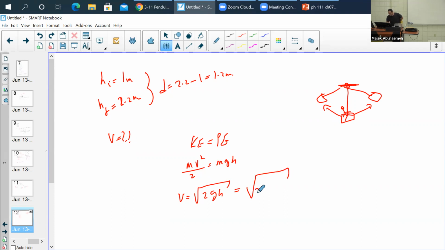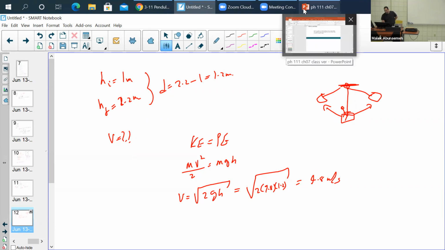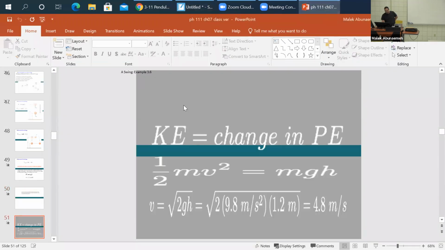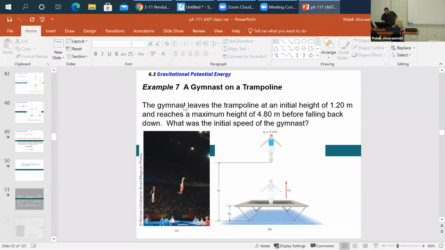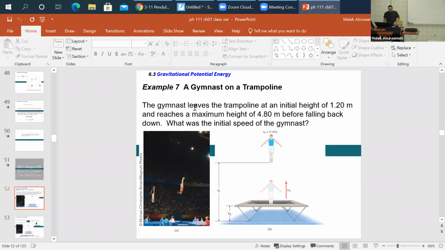So it'd be the square root of 2 times 9.8 times 1.2. So we should get 4.8 meters per second. That's what we got. Let's do another example, shall we?